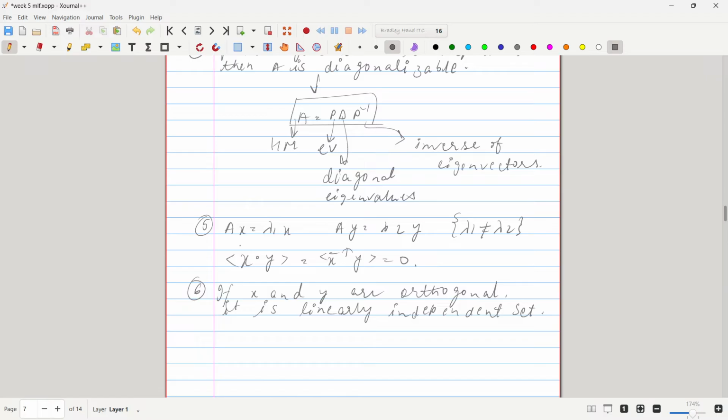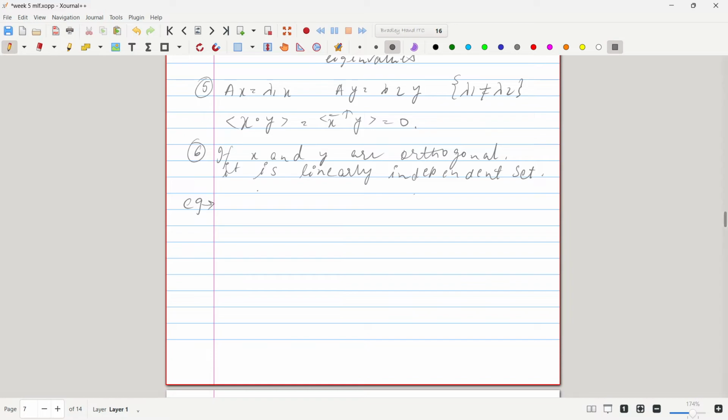That means if the inner product of x and y is zero, then the set of x and y will be an independent set. Okay. Let me see if I have any questions regarding this.